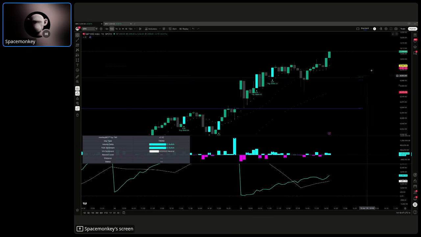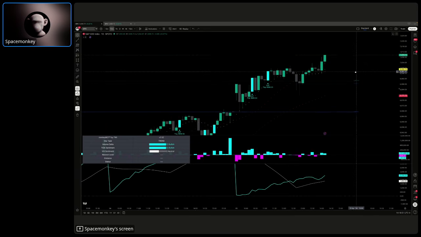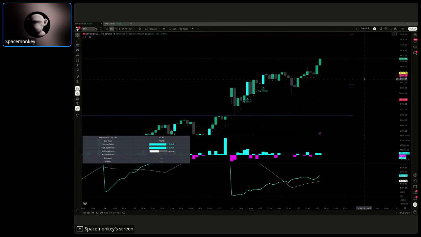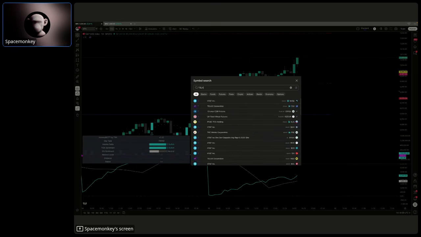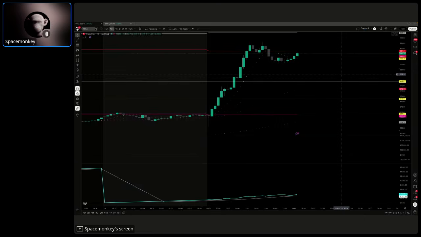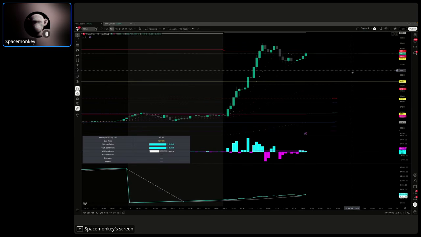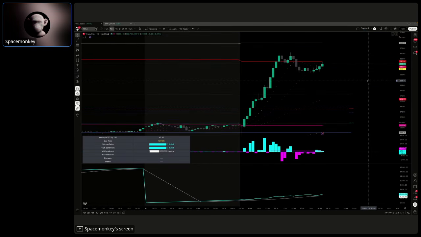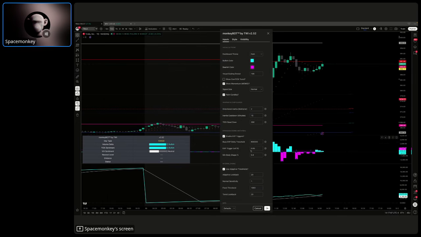The one thing that I would give you a heads up on changing would be if you're trading monkeyBOT other than SPX. Let's just say we're trading Tesla with monkeyBOT. The parameter I would change would be this base EXP delta threshold.